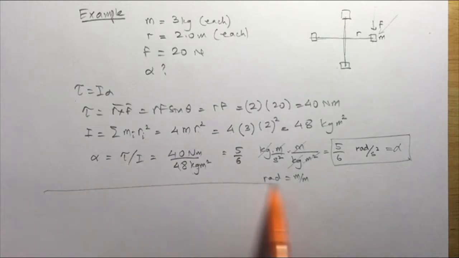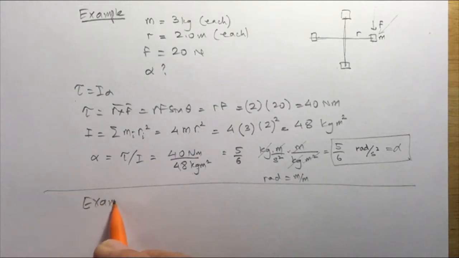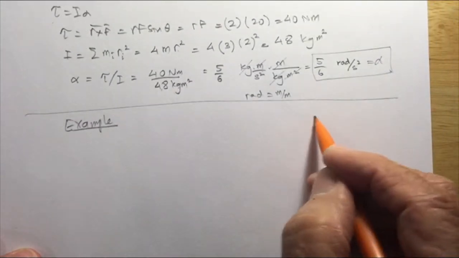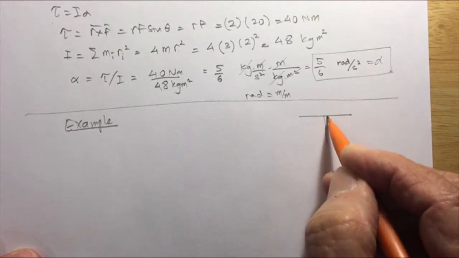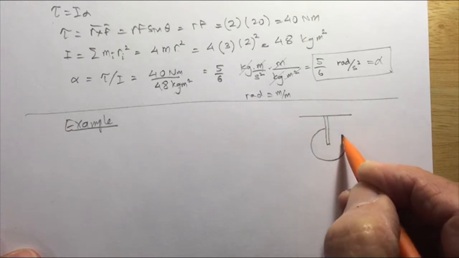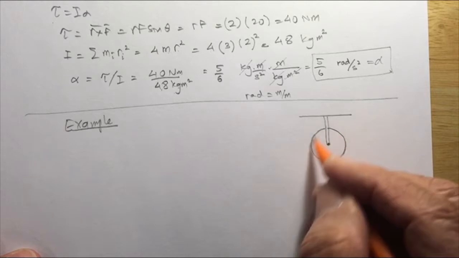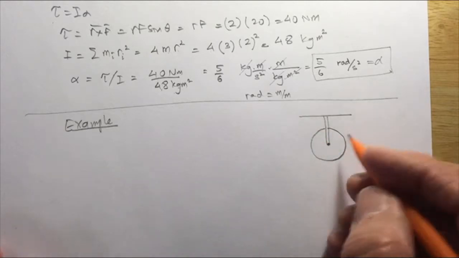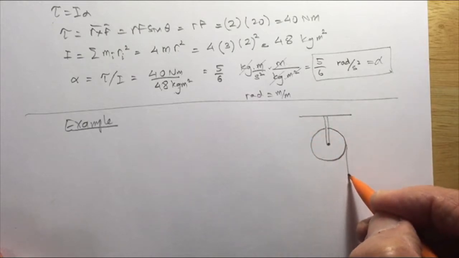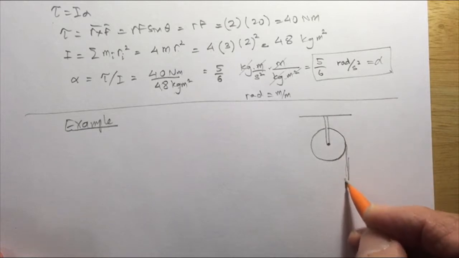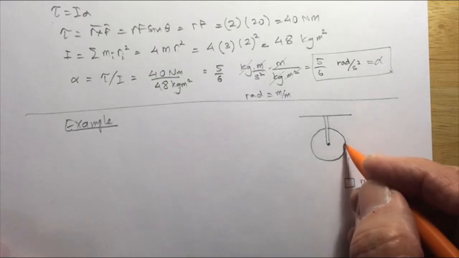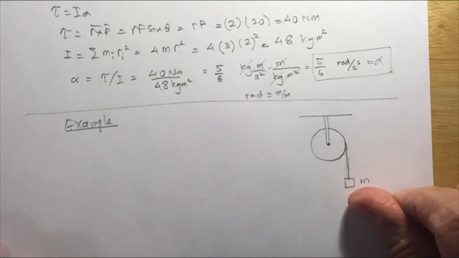Now another example is if we have a support and we have a pulley over here, and the pulley can spin freely over it, so there's no friction, and we wrap a string around it many turns, and then the string comes down here, and we attach a mass over here, and this mass is M. We are holding this mass, and then we let it go.